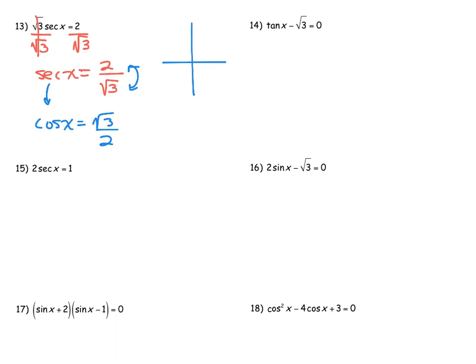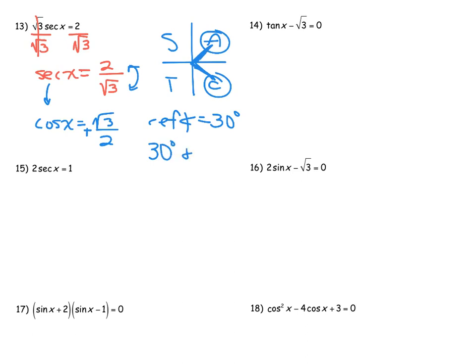And again, cosine is positive, so we're looking in the first and fourth quadrant. So you got to know that that reference angle is 30 degrees. So I'm looking at 30 degrees, and so that's 30 degrees here, 30 degrees here, and then this would be 330 degrees.